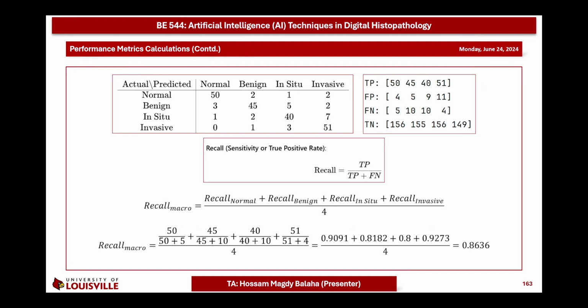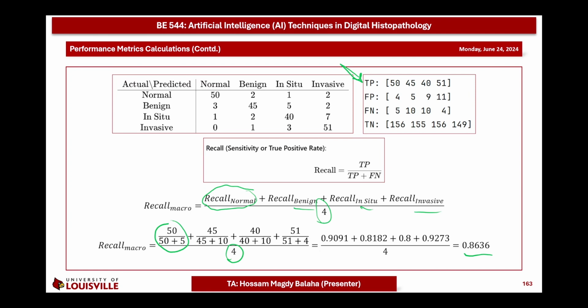In the macro, you are calculating each metric for each class independently and then dividing by 4.